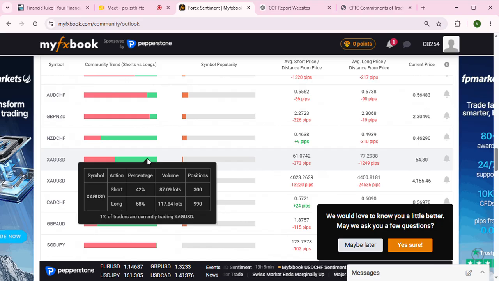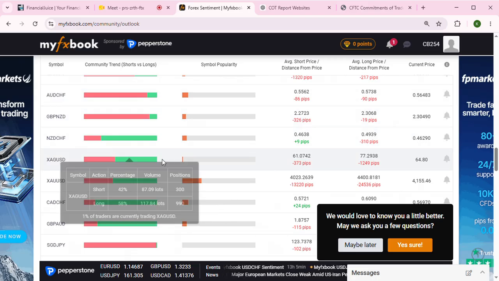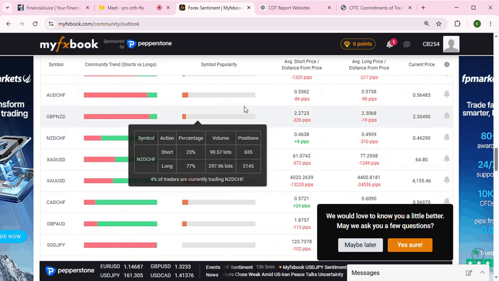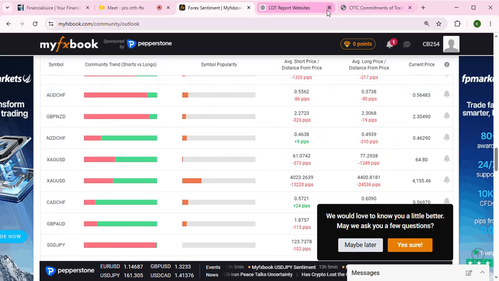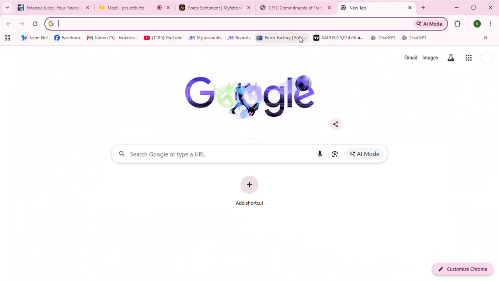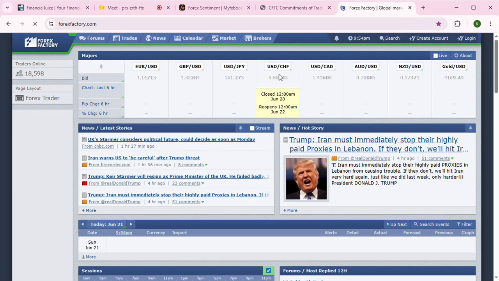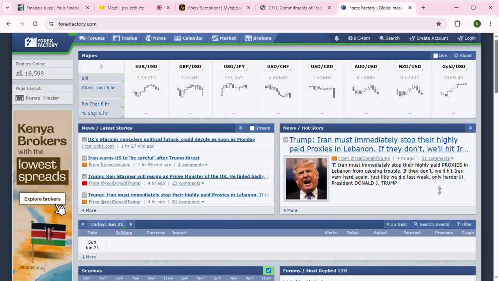So what we will be doing now is moving forward to fundamental analysis. That is, we check how the economic calendar looks this week. First thing you need to know is that over the weekend there has been news, and you can also see it in my Forex Factory.